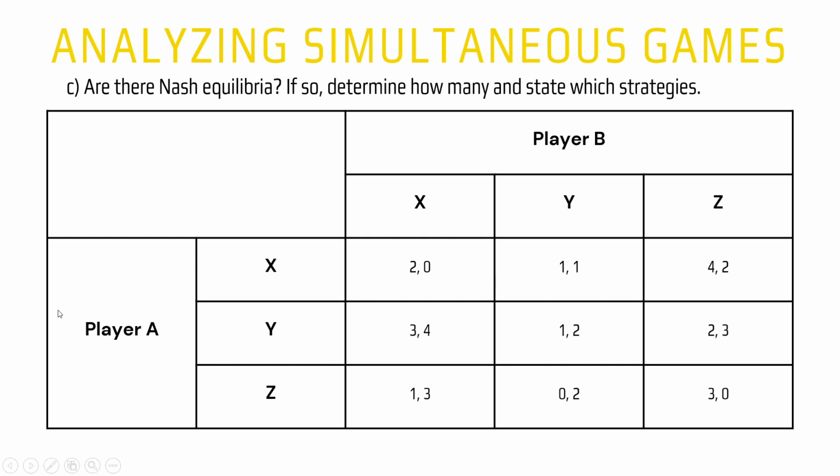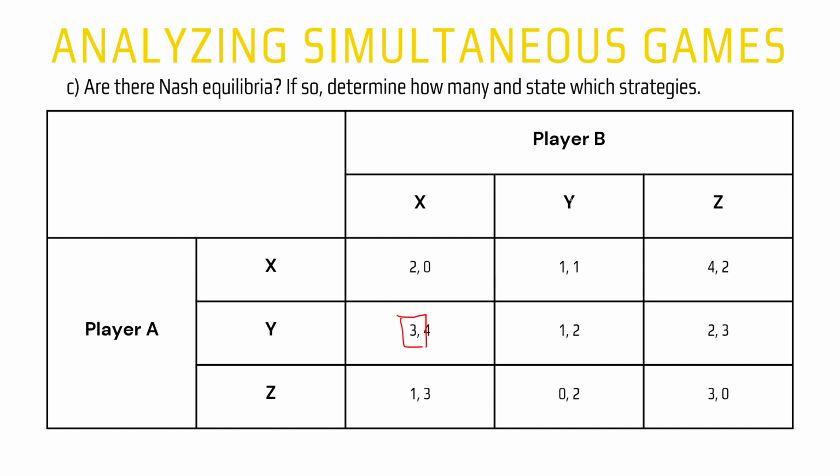Let's first take a look at the strategies of player A. If we assume that player B chooses strategy X, what will be the best strategy for player A? Player A will either get a payoff of 2, 3, or 1. So obviously the best one here is 3.